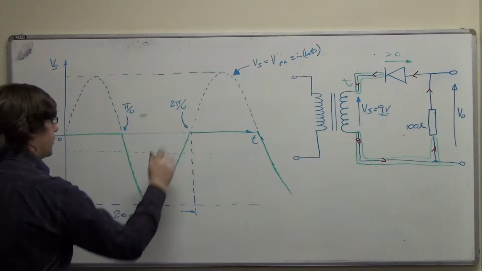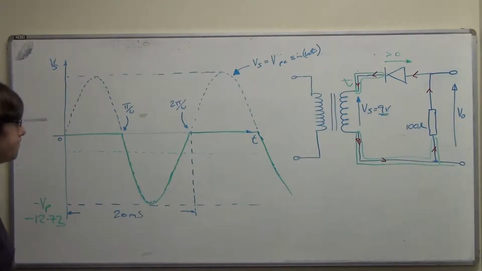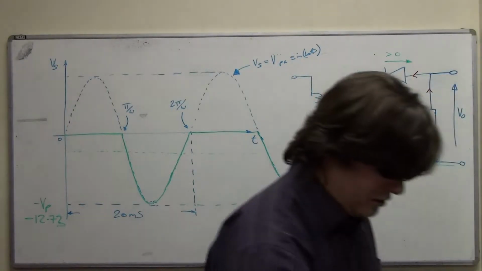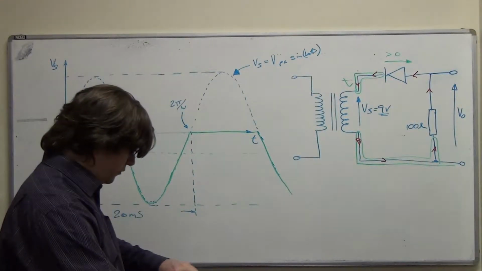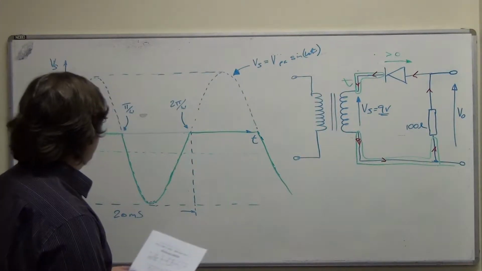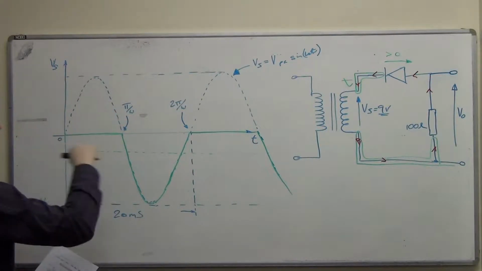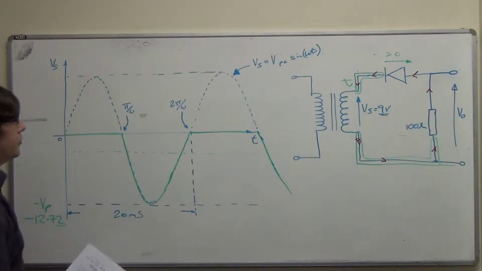So we need to do some deriving. And I'm probably going to do it in black because my green pen's a bit weak at the minute. So we can say, well, we know that this point is pi upon omega, and we know that this point is 2 pi upon omega.